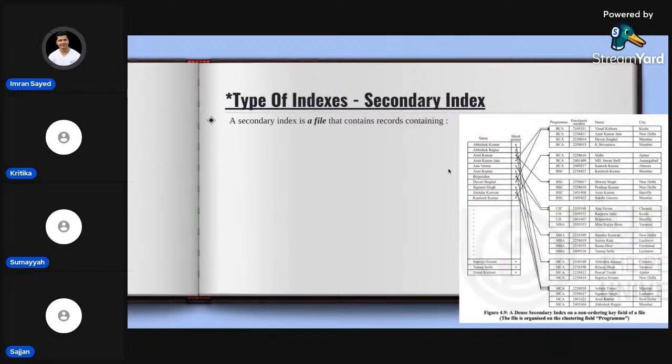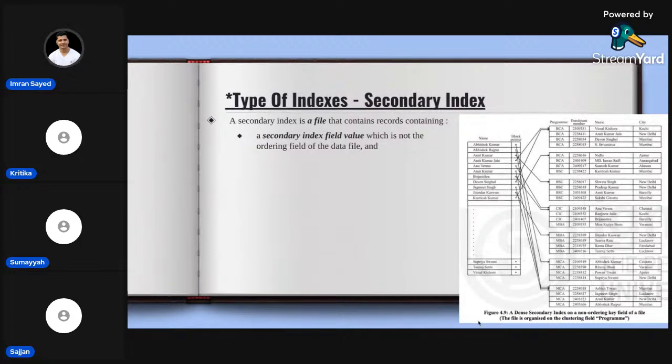A secondary index is a file that contains records containing the secondary index field value, which is not the ordering field of the data file. For example, name is not in order. That's why you call it not the ordering field of the data file.